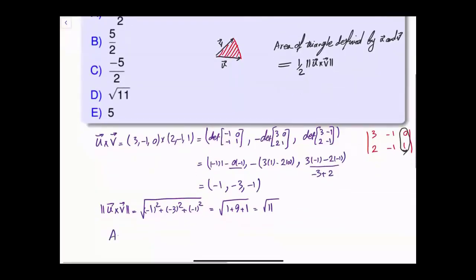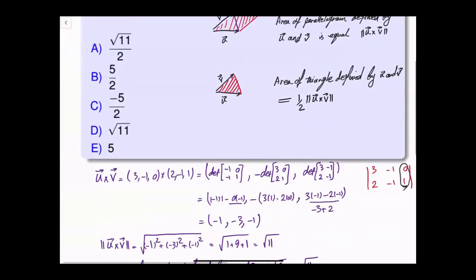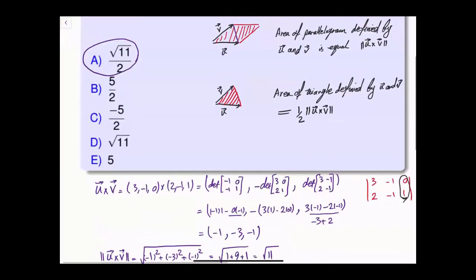The area of the triangle defined by u and v is half of that. So 1/2 times root 11, which is the same thing as root 11 over 2. And as you can see, this is the answer for this question.